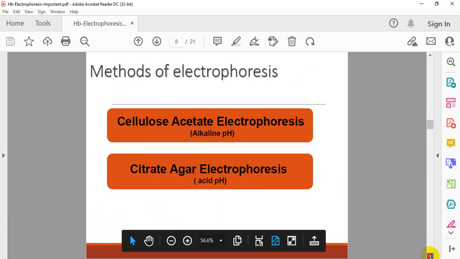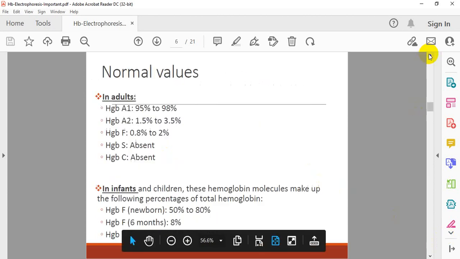Well, let's look at infants or newborn babies. They are called infants. So for newborn babies and children, these hemoglobin molecules make up the following percentages of total hemoglobin. So let's see.